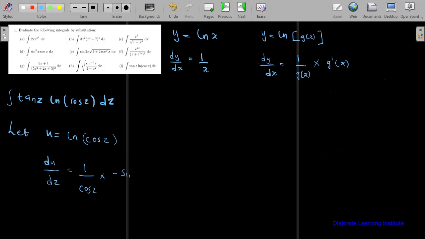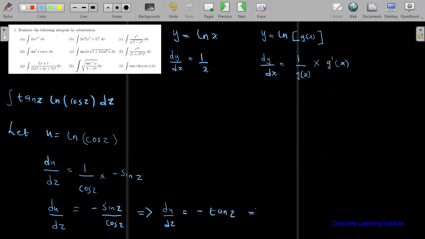So that's negative sine z over cos z. From trigonometry, sine over cos is tan, so du/dz is just equal to negative tan z.